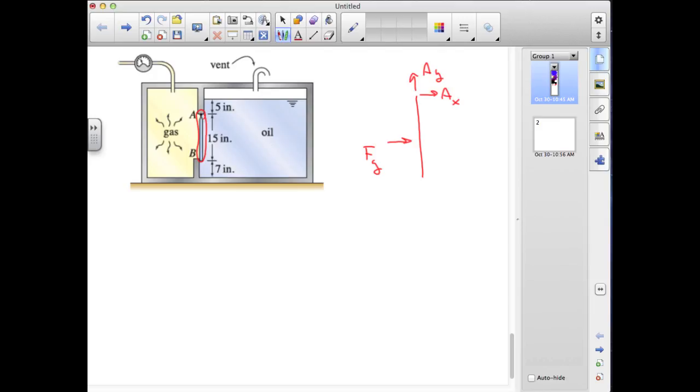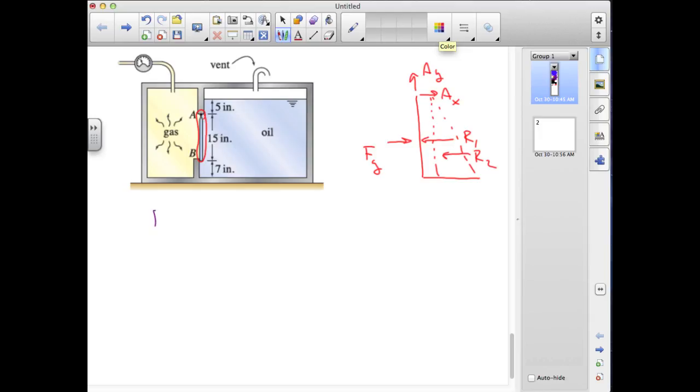And then on the right-hand side, we're going to have 2 forces, one from a uniform part and one from a triangular part, due to the increasing depth of the oil. So we'll have an R1 that's right across from FG, and we'll have an R2 down here associated with the triangular distribution, which will be 2/3 of the height of the gate from A.